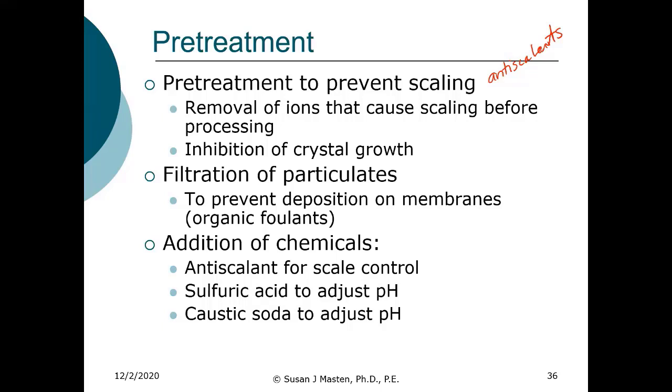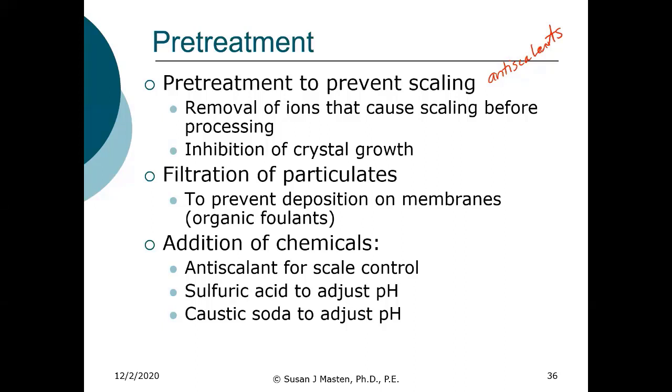They could also be sequestration agents, again, to keep these chemicals in solution. We can pre-filter. We saw that, for instance, with the RO, where there was a membrane filter, perhaps a microfiltration process before the reverse osmosis system, so that you're filtering out those particles prior to the RO unit. So you're minimizing fouling on the membrane unit.